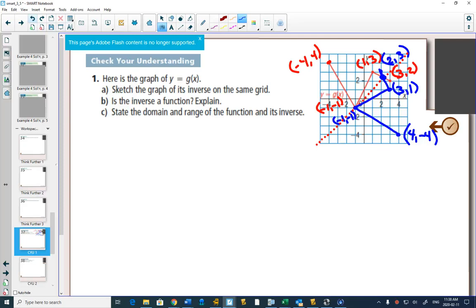Part B. Is the inverse a function? Well, now we're going to have to go back and think, how did we in the past tell if something was a function or not? Do you remember?